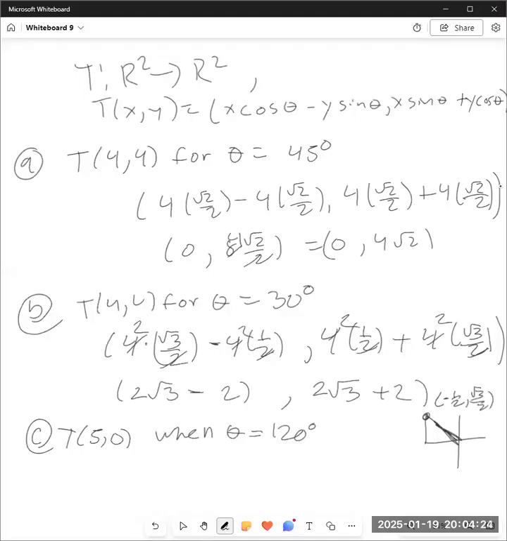So this is going to be equal to 5 cosine, minus y is 0, comma, and then x is 5, sine is root 3 over 2 plus 0. So that's -5/2, comma 5 root 3 over 2.